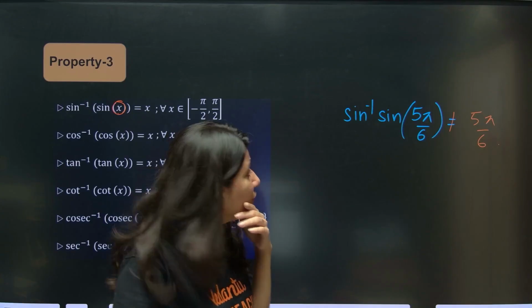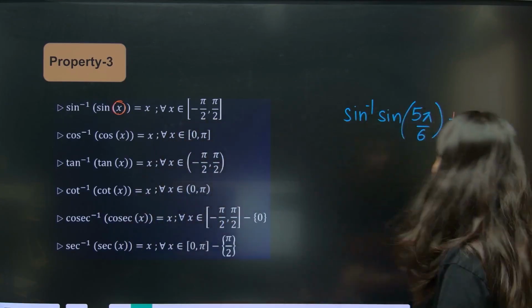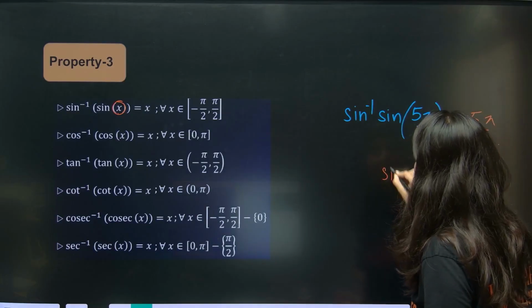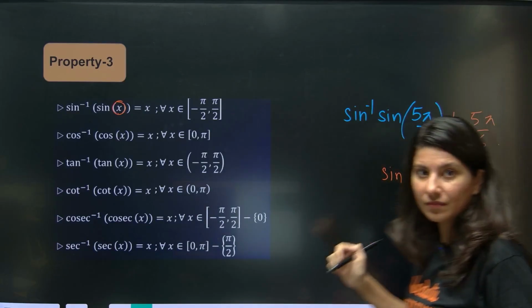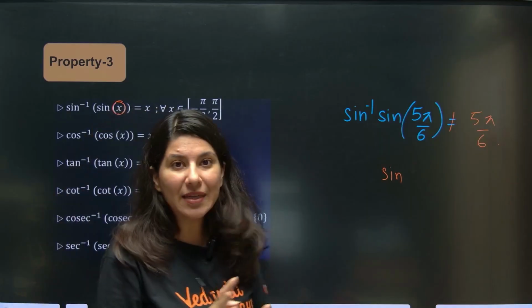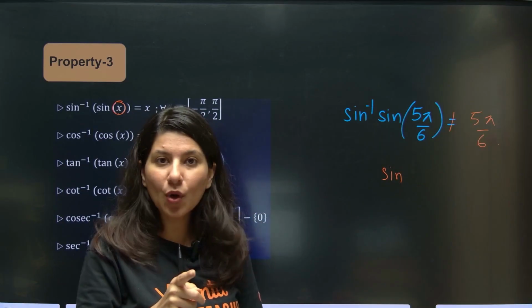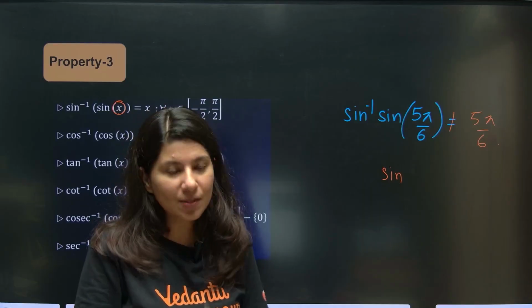So what you need to do is, first of all, for sine 5 pi by 6, you have to write the equivalent angle in either the first quadrant or the fourth quadrant. 5 pi by 6 means the second quadrant. In the second quadrant, sine is positive.